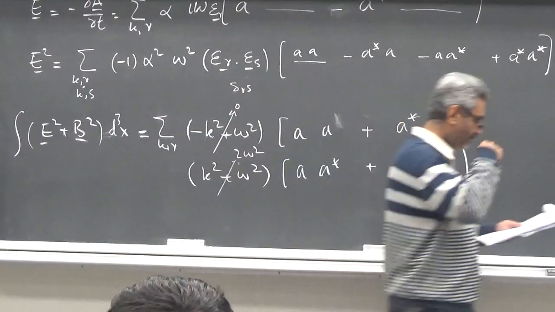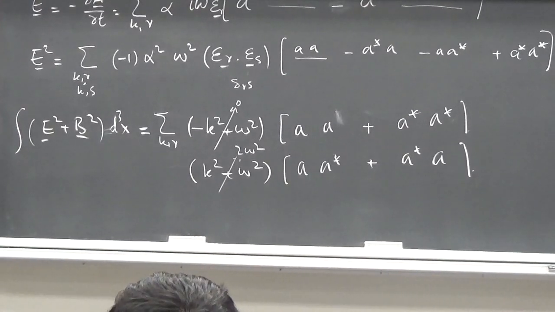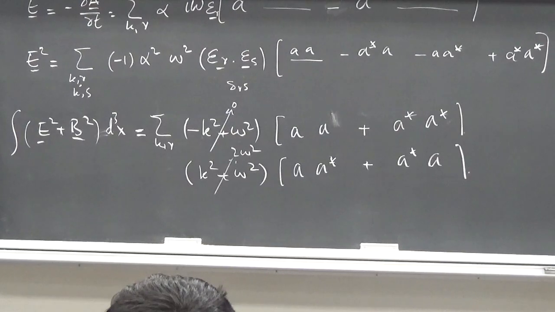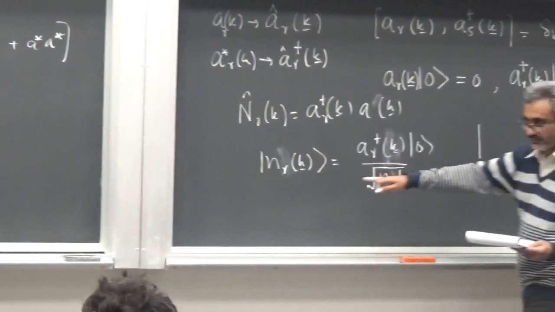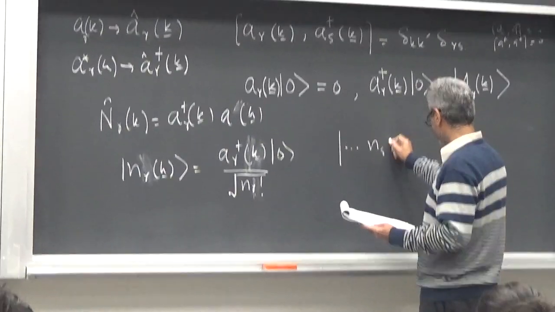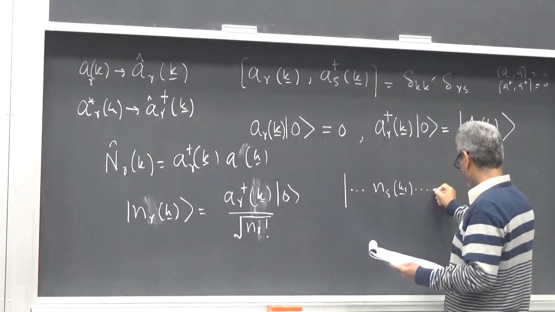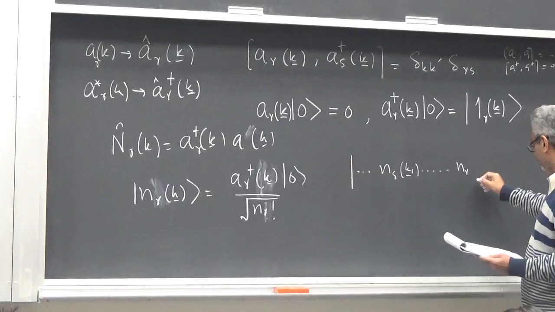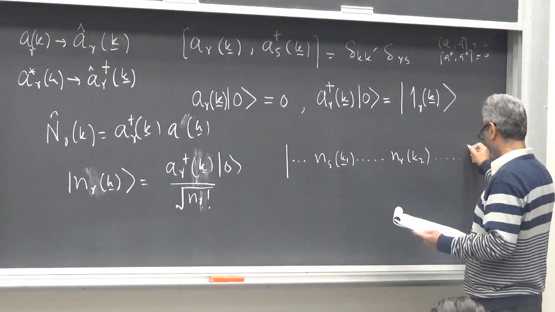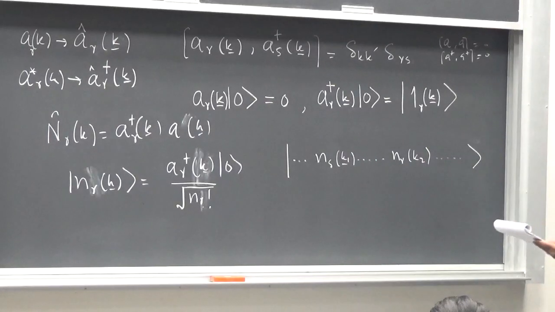of So then the state, what I'm trying to say is that the state is going to be a linear combination of things like these. So for example, you could have N R K1, N R K2, and so on, however many you want.